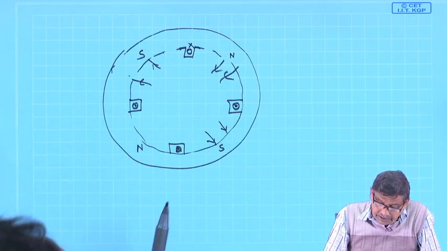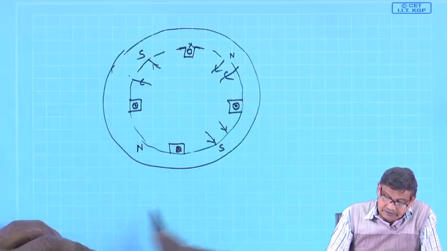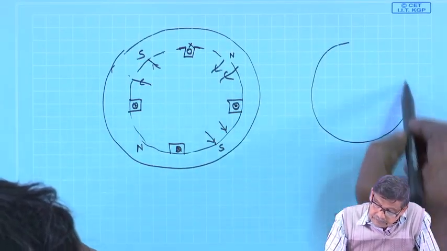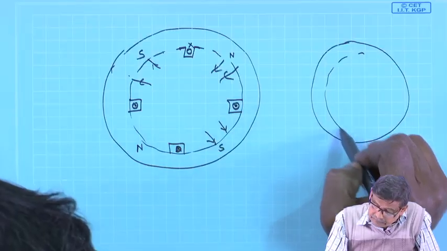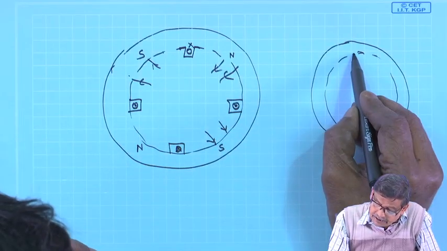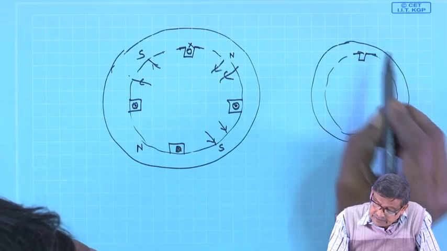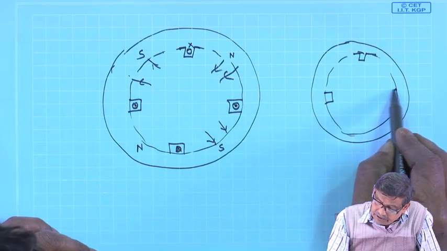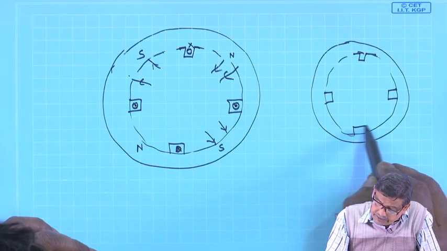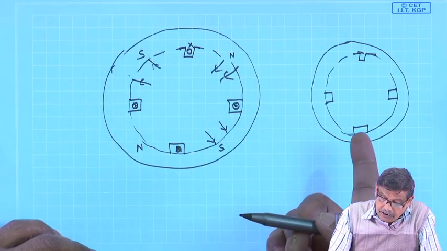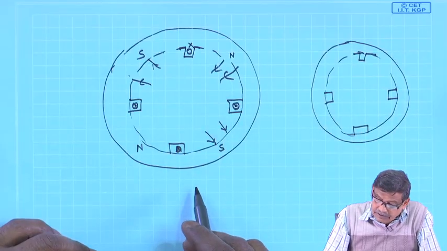Now, I will change the connection of these coils such that the current distribution pattern changes like this. The slots are there, windings are there. Can I use these same conductors to have 2 poles? Yes, you can.